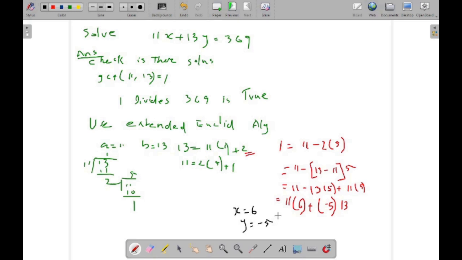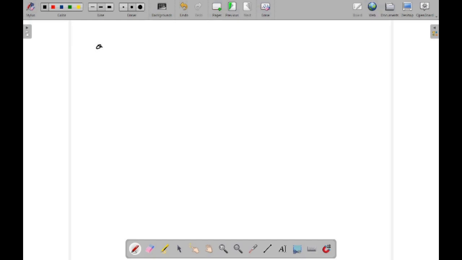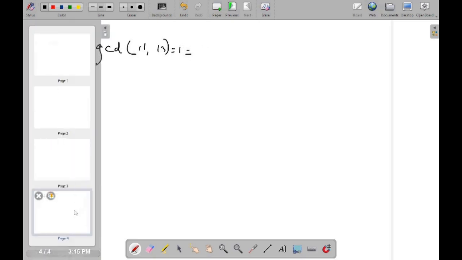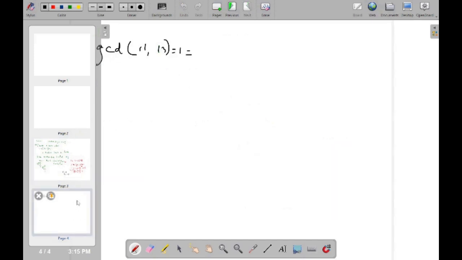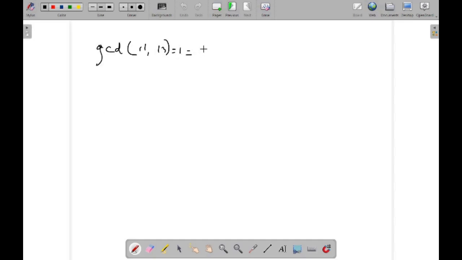The GCD of 11 and 13 is equal to 1, equal to 11 into 6 plus 13 into minus 5.